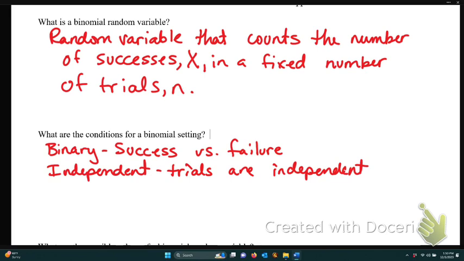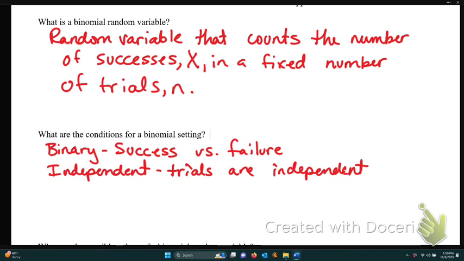Flipping a coin, that's independent. Things like that. Picking people out of a big population, each person is independent. Those are all things that you'll probably know are independent. Otherwise, it'll probably say it in the problem. It'll probably say these are independent events, okay? All right. Binary, clearly defined success and failure.